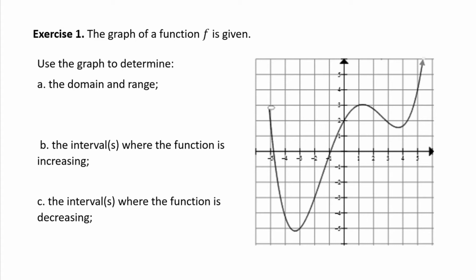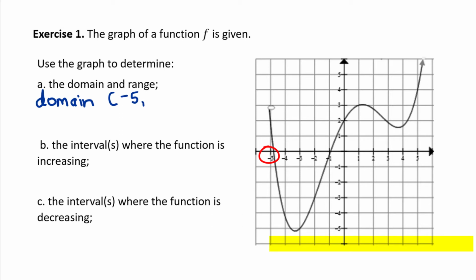A. The domain and range. The domain is the horizontal expanse of the displayed graph. The leftmost point of the graph is at -5 with an open dot. The open dot means the point is not included. The interval notation is parenthesis -5.